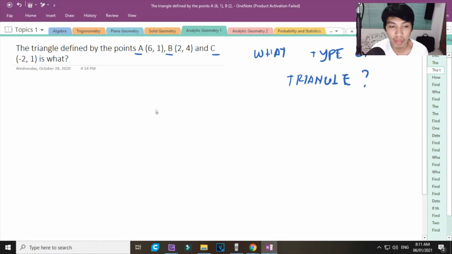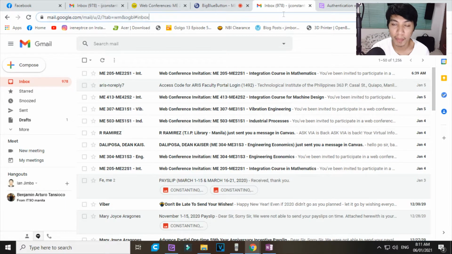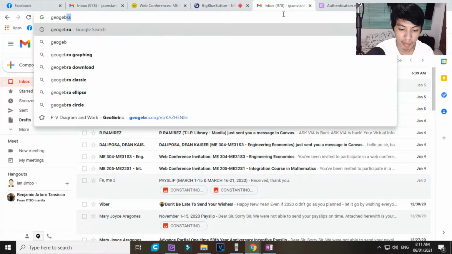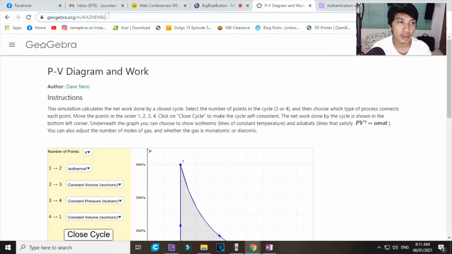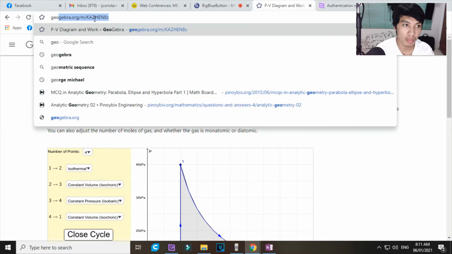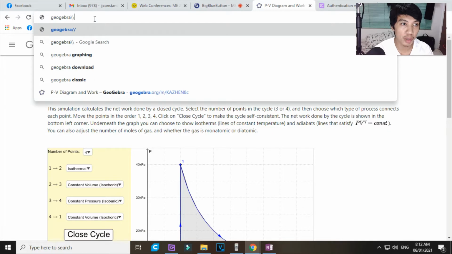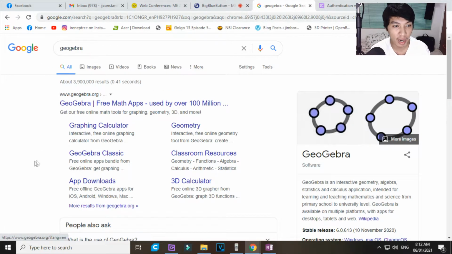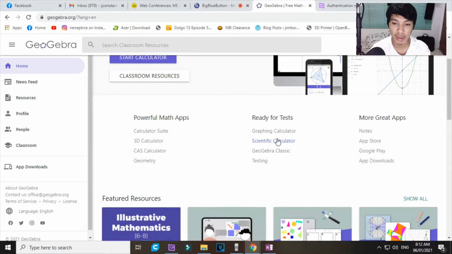Tignan natin kung anong mapo-form niya. Okay? We will use GeoGebra. We will plot the points para mas madali. Hindi yan Hinebra, GeoGebra.